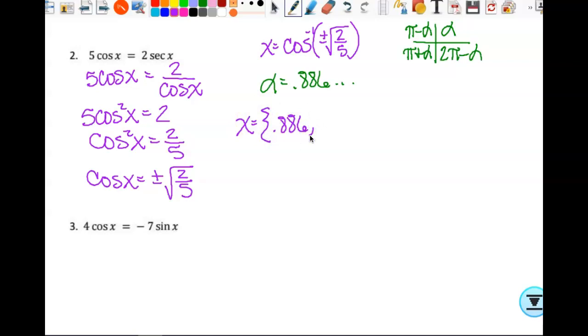Then I'm going to do pi minus, recall negative, and then pi plus, so go ahead and find the rest of them, and then I will see if anybody needs assistance.